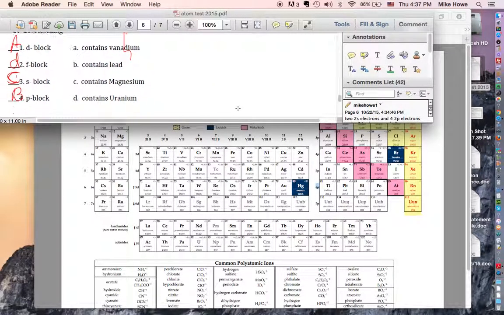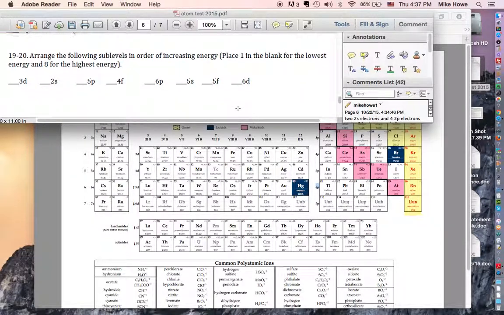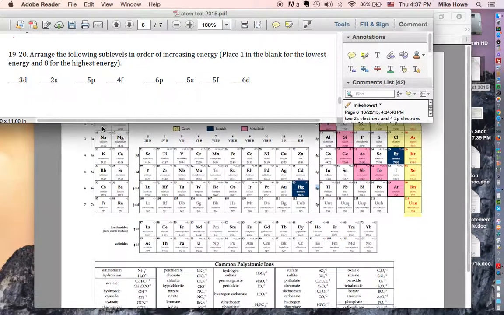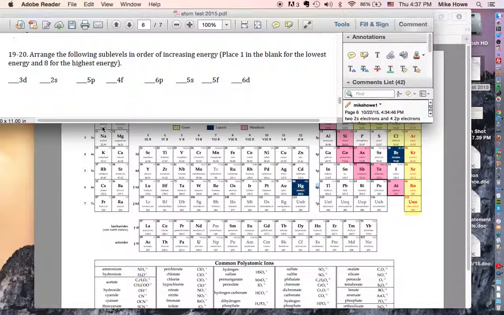Okay, now the last thing, this sequencing. The way I would do that, I would look at the sequence on the periodic table. Remember, it goes 1s and 2s, then 2p's over here. Well, 2s was right here, underneath there, hiding underneath that other document. So we'd put a 1 in front of the 2s. Then we'd come across 2p, we don't know about.